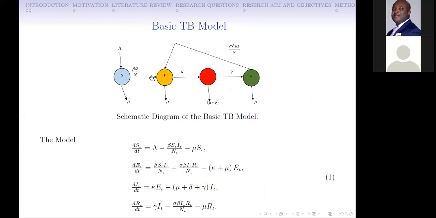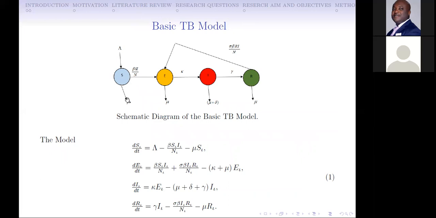The arrow going to E is the transmission between S and E. E is the exposed class, I is the infectious class, and R is the recovered class. There is capital Pi coming to S, which corresponds to the recruitment rate.